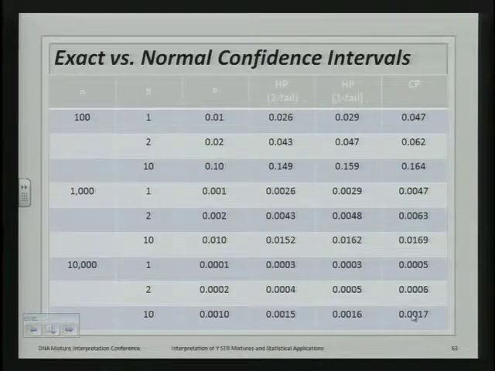But as you get to say one in 10,000, it's 0.0005 as opposed to 0.003, because that's 1 in 10,000. But you'll see in all instances, the Klopper and Pearson is more conservative. But that's not the reason for using it. We're using it because it's more correct.